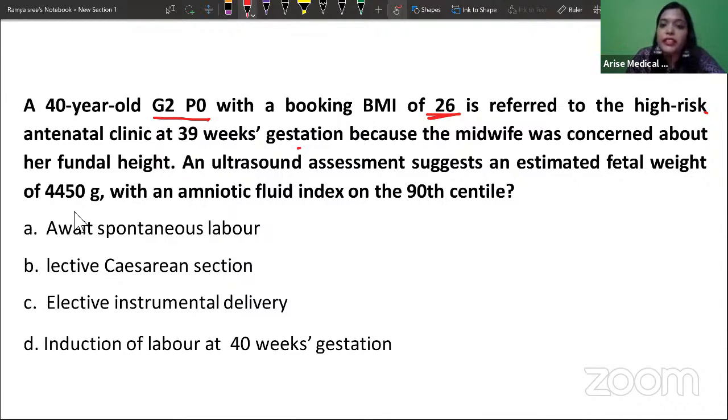An ultrasound assessment suggests an estimated fetal weight of 4,450 grams with amniotic fluid index at the 90th centile. What is the management?